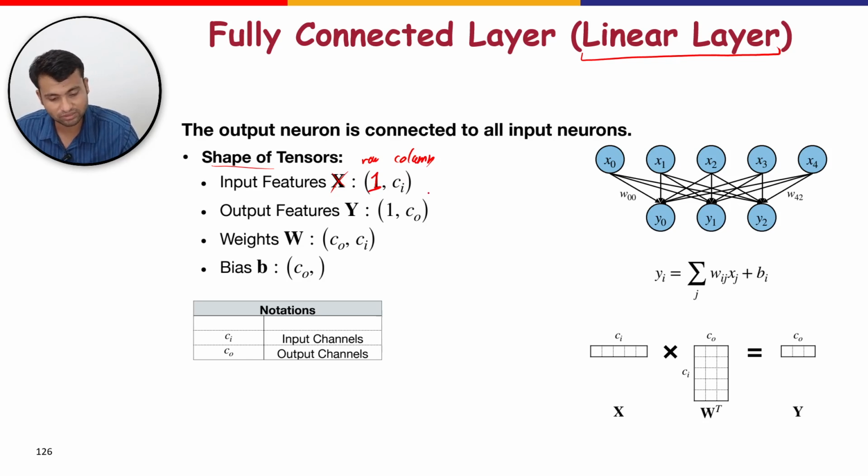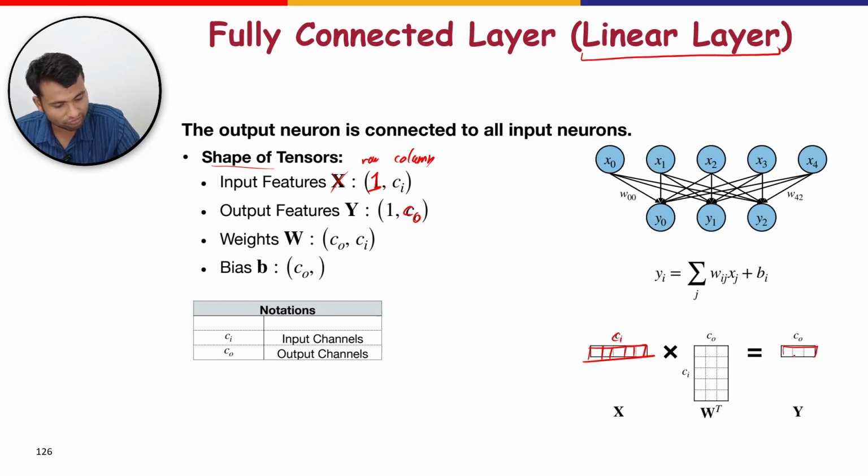We represent x as Ci inputs coming in. The inputs coming in are not in our control. What we have in our control is the number of outputs, so we can determine the length of Co.